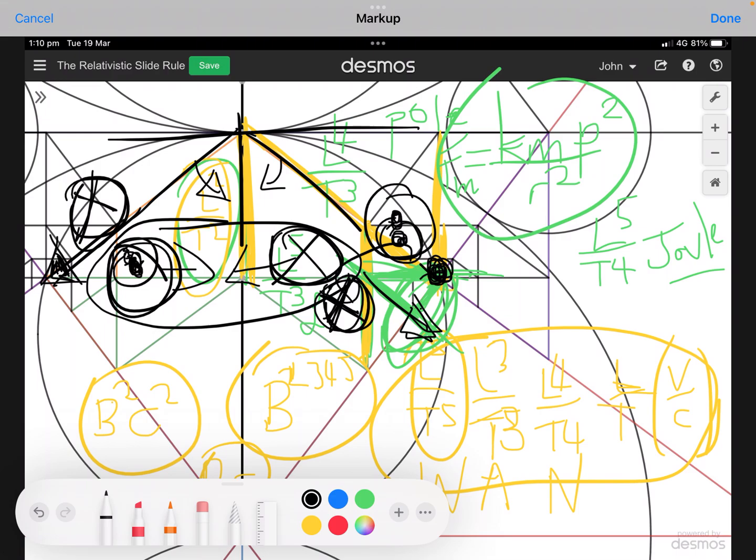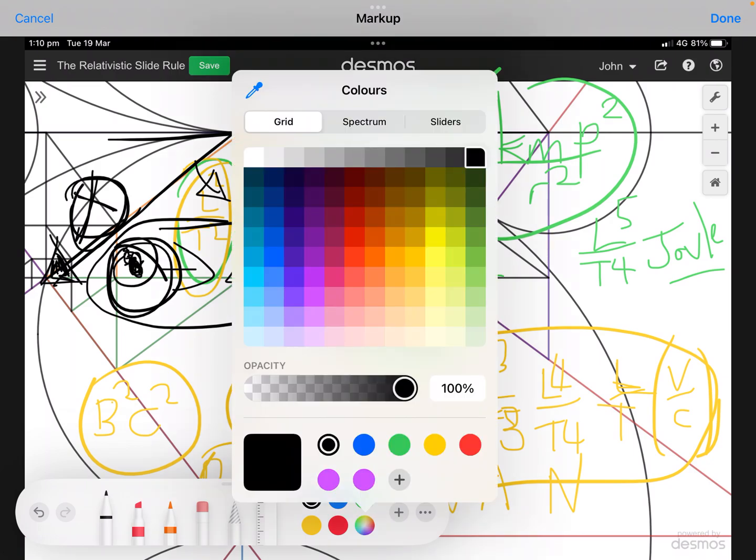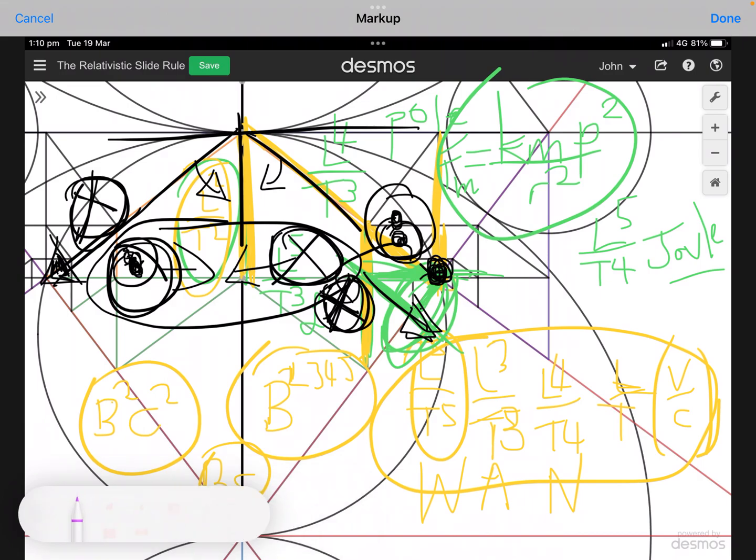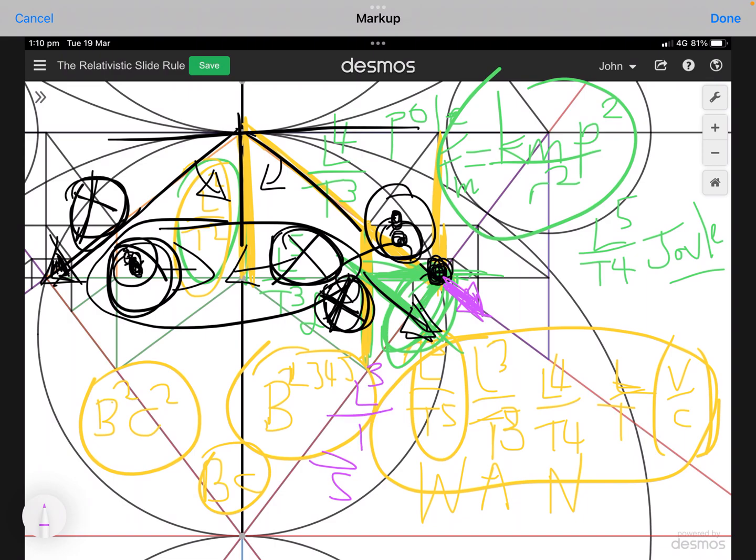So it's got spin, it's also got a Poynting vector, which is this little quantity here, which is often denoted by an S like that, and its unit is L cubed over T to the 5.